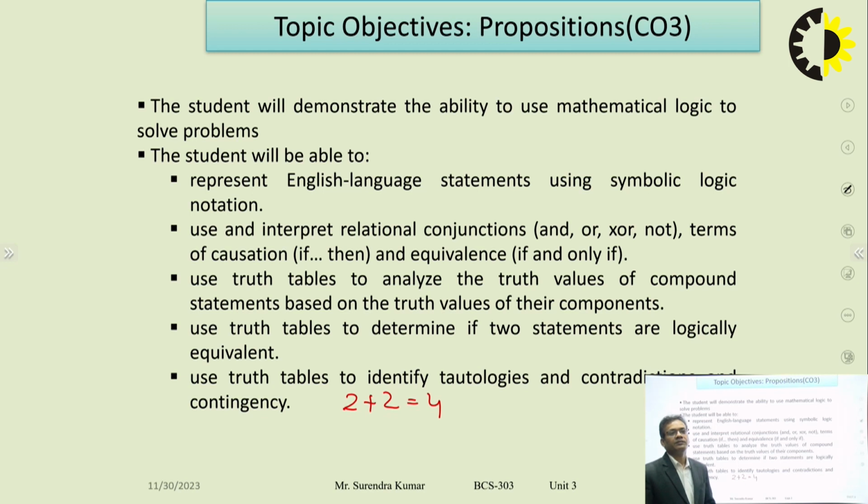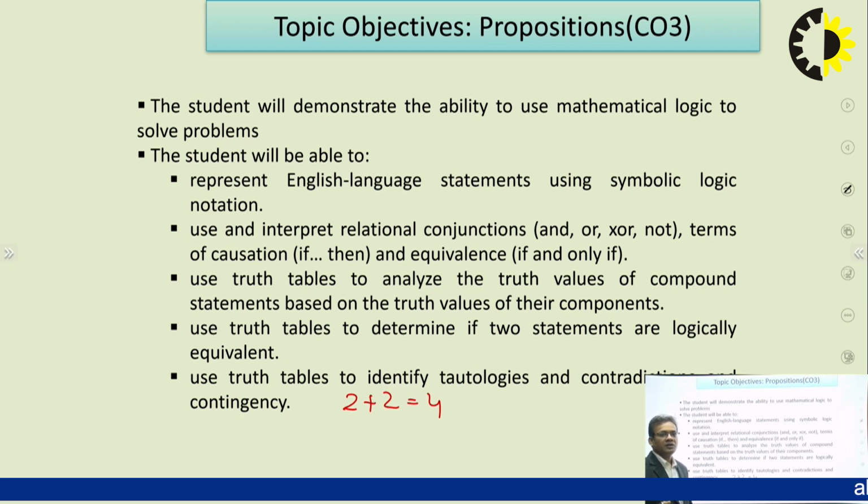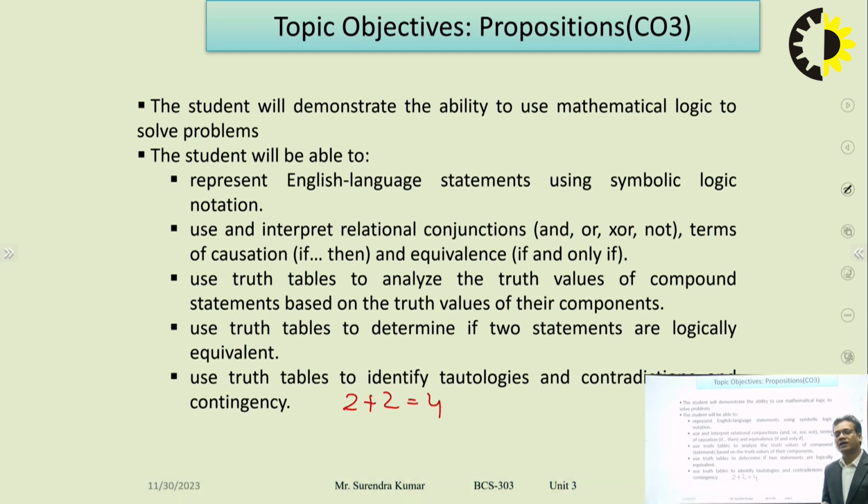In the same manner, when you want to represent your information in a computer, you need some statements. The student will demonstrate the ability to use mathematical logic to solve such problems, such as representing English language statements using symbolic logic notation, or interpreting relational conjunctions, and, or, and not, terms of causation like if and then, and equivalence relations like if and only if.